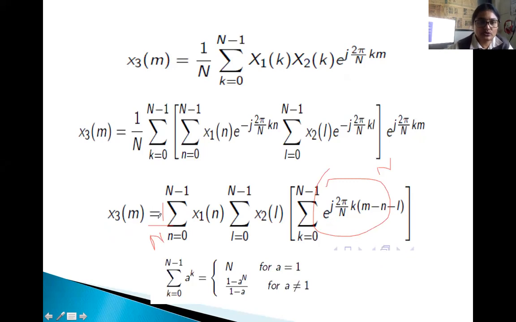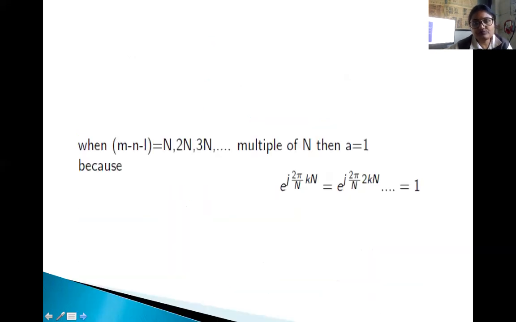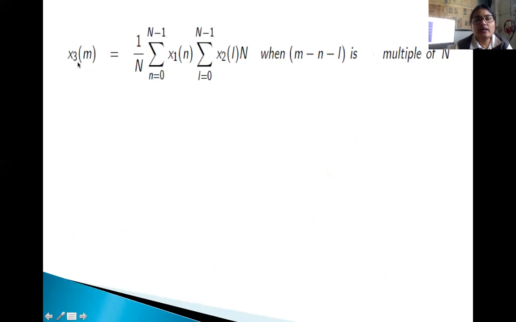We should write it here because this 1 by n has been forgotten. So x3 of m is equal to 1 upon n summation x1 of n summation x2 of n, and this third value which is equal to n, this is what we have obtained.